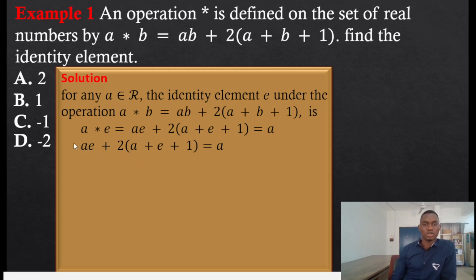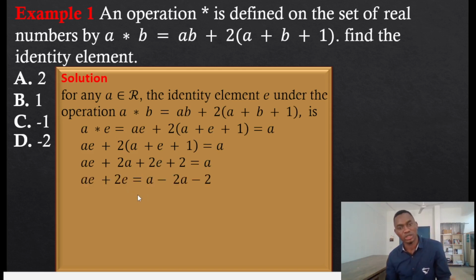All right, let's proceed. So we have AE, let's open this bracket. We have AE plus 2 times A is 2A, 2 times E is 2E, plus 2 times 1, 2, then equals A. In this case, we can collect like terms. Since we are looking for E, the identity element, let our E terms be on one side, then the terms that do not contain E should be on the right hand side.